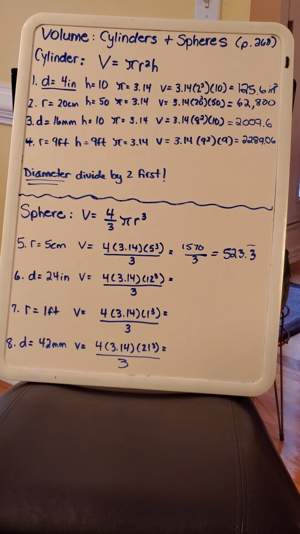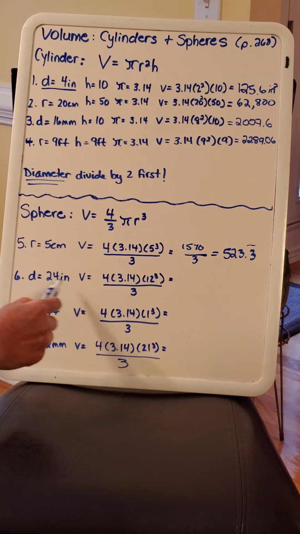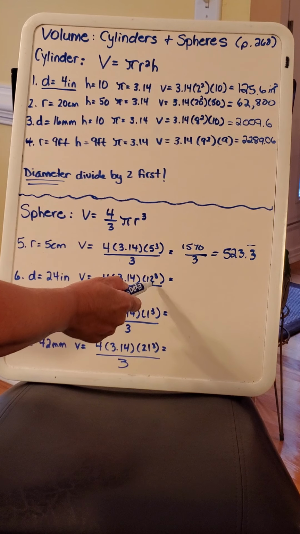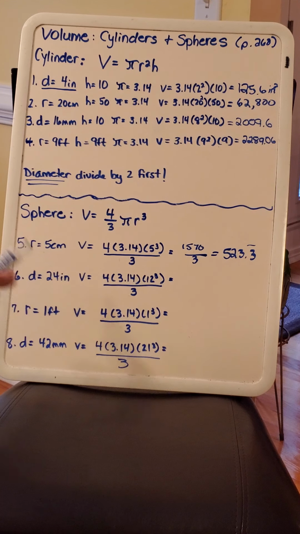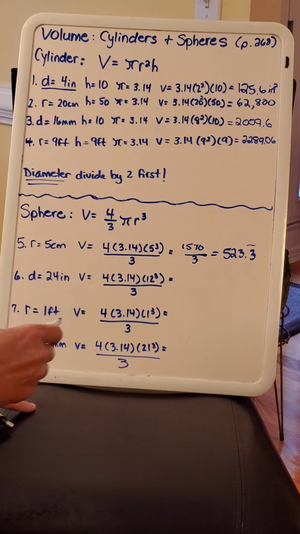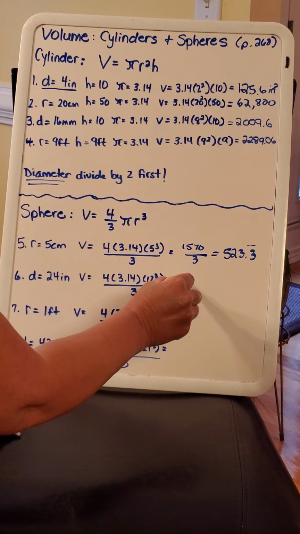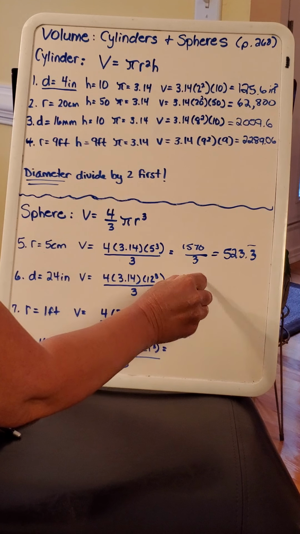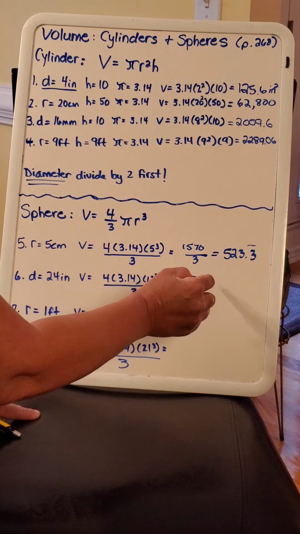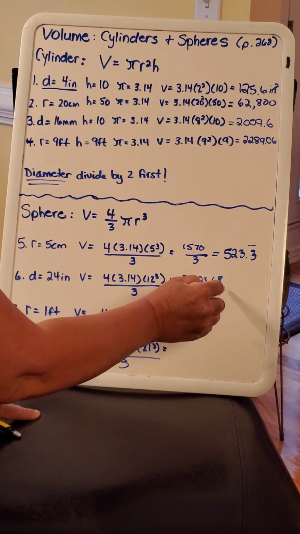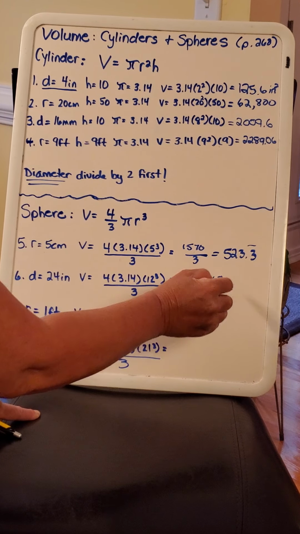All right. Number 6, they give us diameter, 24 inches. So where I have the radius, you'll see there's 12. That's because I divided by 2 first. All right. So 12 to the 3rd power is 1,728 times 3.14 times 4 is 21,703.68 divided by 3.